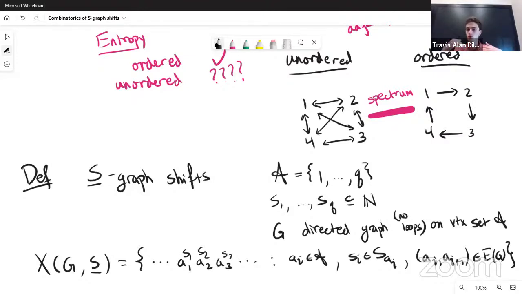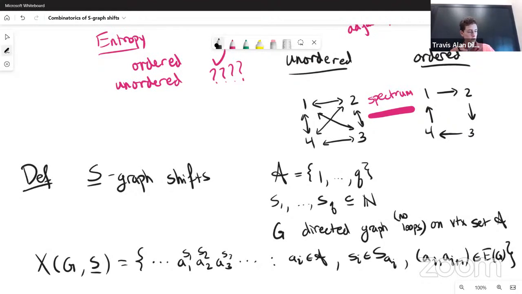It's certainly something you can do. You can maybe argue that you want to see how far these techniques will push. But actually, I think S graph shifts are more motivated than S limited shifts. So they contain as particular examples these two things, and therefore also S, S prime gap shifts and also S gap shifts.